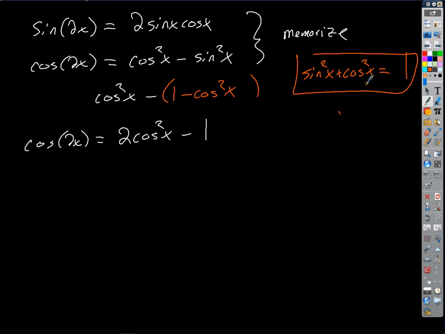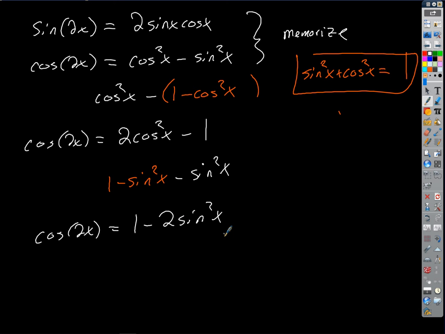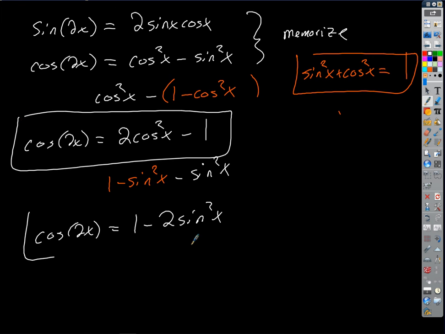So here, this would just give us 1 minus sine squared x minus sine squared x. Isn't that just 1 minus 2 sine squared x, right? So those are the other useful forms.